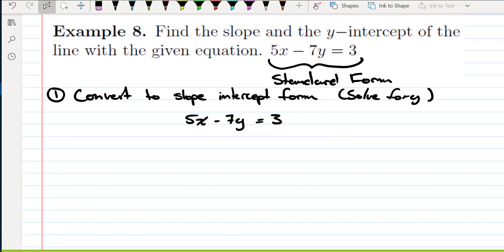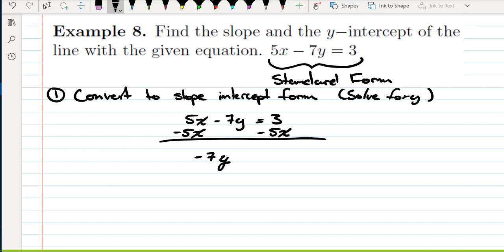And we want to solve that equation for y, or isolate y. So the first thing we're going to do is minus 5x and minus 5x, giving us negative 7y is equal to negative 5x plus 3.